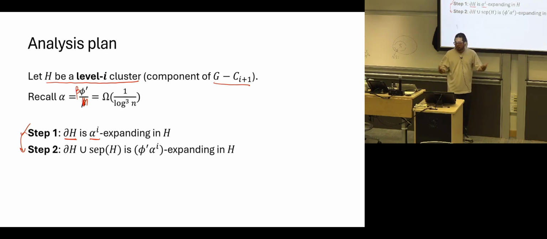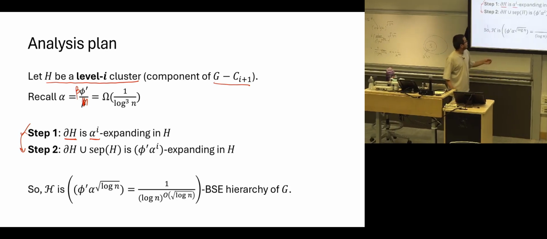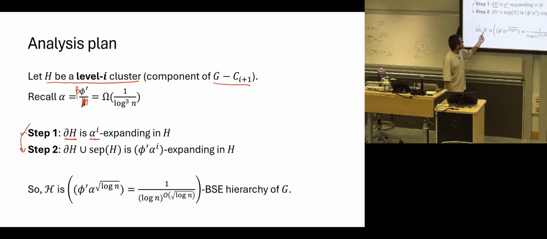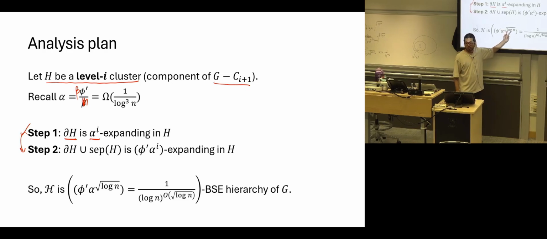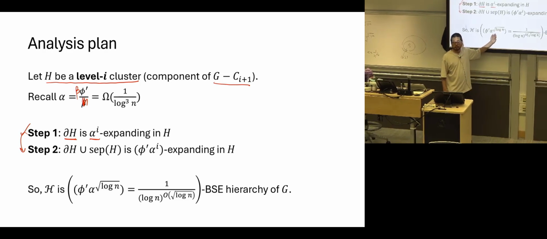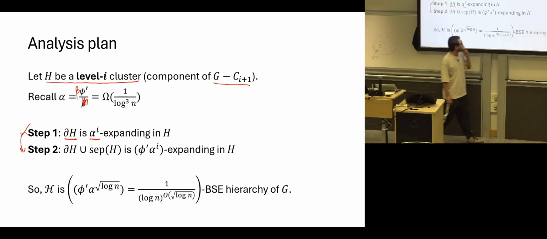That's all we need to prove for the BSE hierarchy. So H is going to be phi prime times alpha to the square root log expanding, like alpha prime times alpha to the square root log, BSE hierarchy.